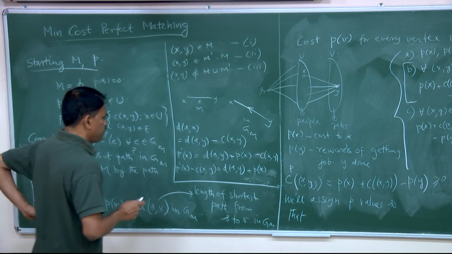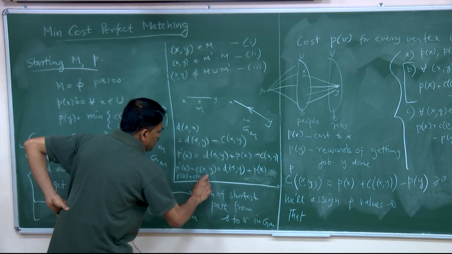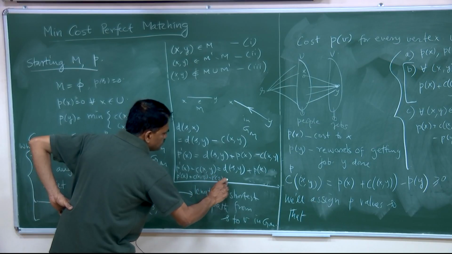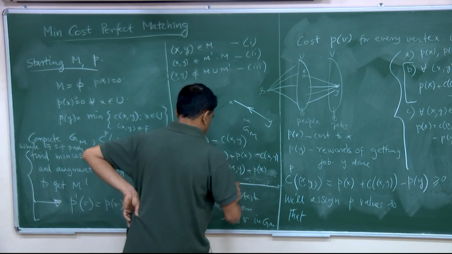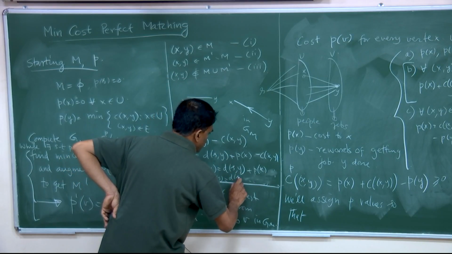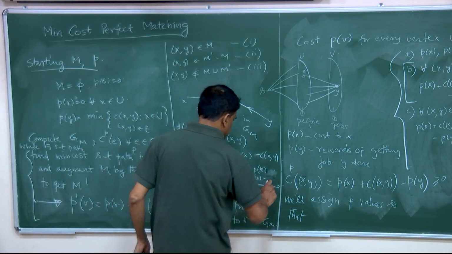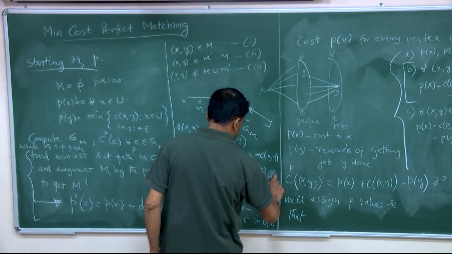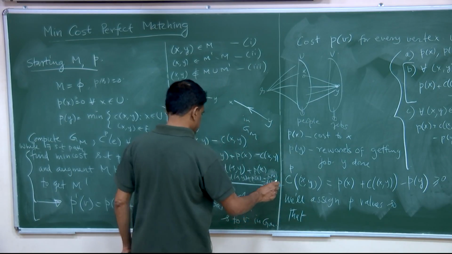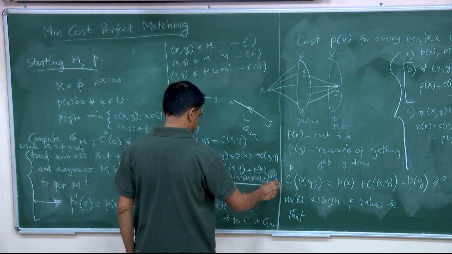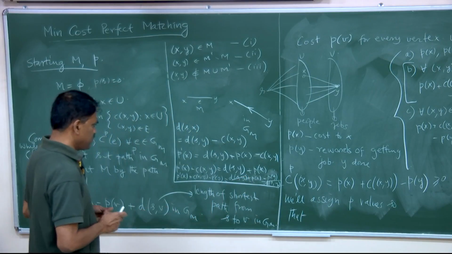If I add p prime x plus cxy minus p prime y, and what is p prime y? I'm just going to subtract p prime y, dsy plus px minus p prime y by definition is py minus dsy. Correct. So dsy cancels and it's px minus py.